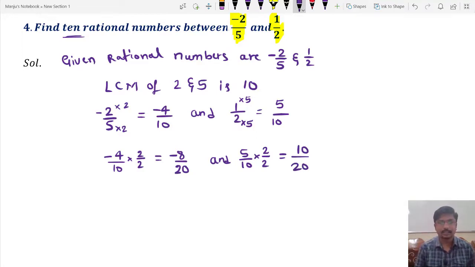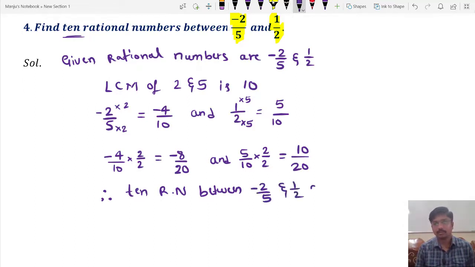Therefore, the 10 rational numbers between minus 2 by 5 and 1 by 2 are, see here, if you draw a number line, here it is minus 8 by 20.